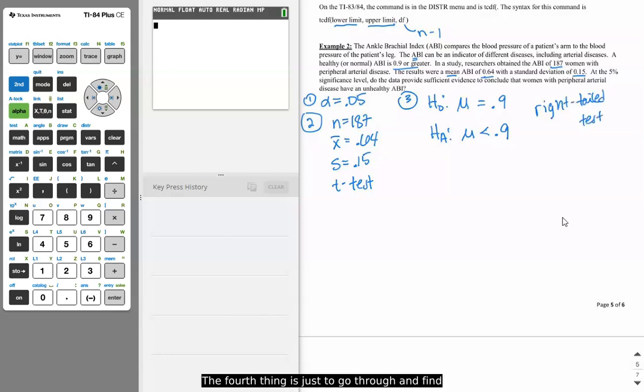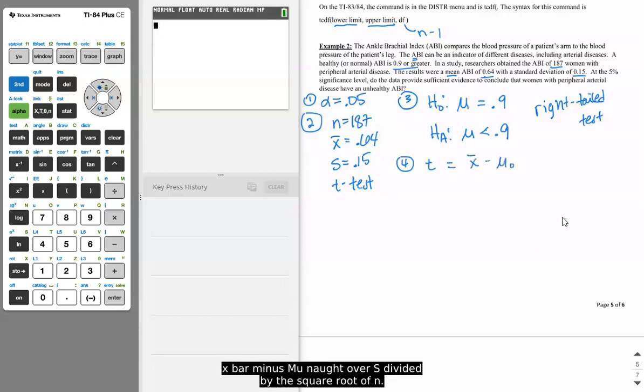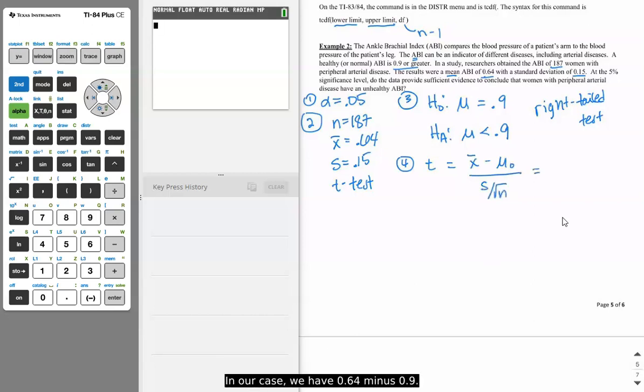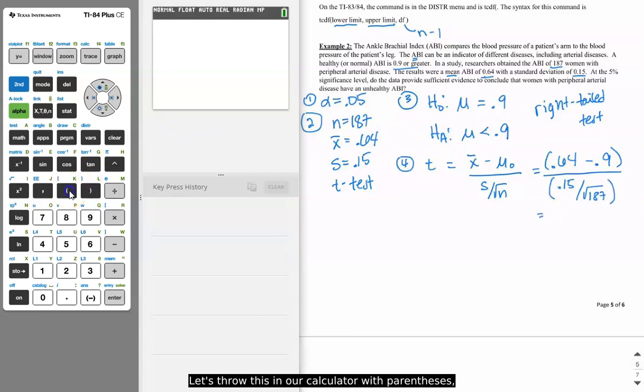And so the fourth thing is just to go through and find my standardized test statistic, my t value. If I recall what it looks like, x bar minus mu naught over s divided by the square root of n. So in our case, we have 0.64 minus 0.9, in parentheses, divided by 0.15 divided by the square root of 187. All right, so let's throw this in our calculator with parentheses.